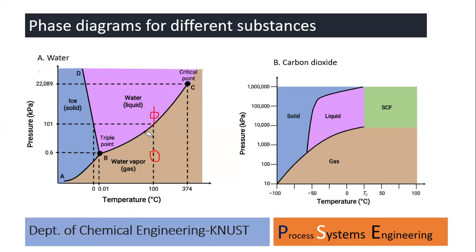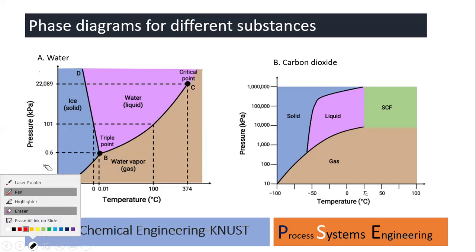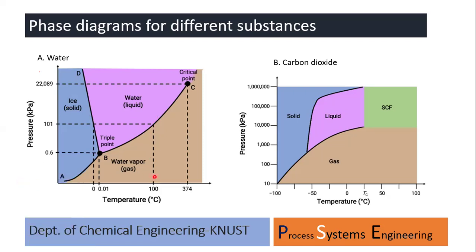So you are able to determine the phase of your material based on the temperature and then the pressure. But now let's consider something else. Look at the case where now we are at 100 degrees Celsius and then we are at 101 kPa. Realize that you are on the line. Remember we said when you're on the line, you are saturated. So now you're a saturated liquid or a saturated vapor, depending on where you're coming from. So if I'm coming from the vapor point and I get to the line, I'm a saturated vapor.